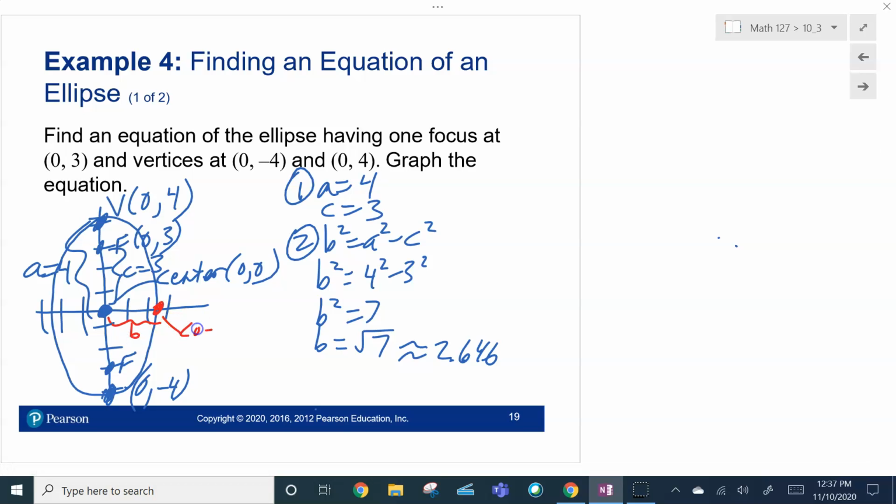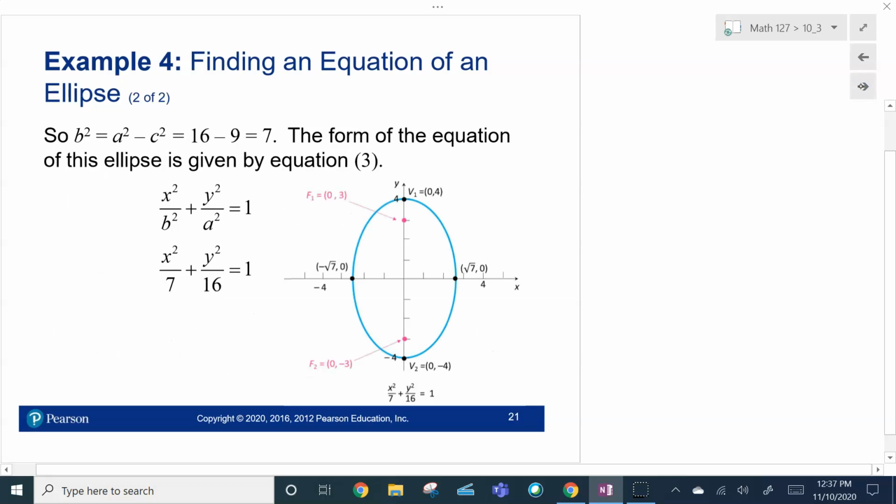So that co-vertex is at root 7, comma 0. The other one over here is negative root 7, comma 0, negative 2.646, comma 0. All right, so there's our little graph, the information we're given there. Notice our co-vertices there.